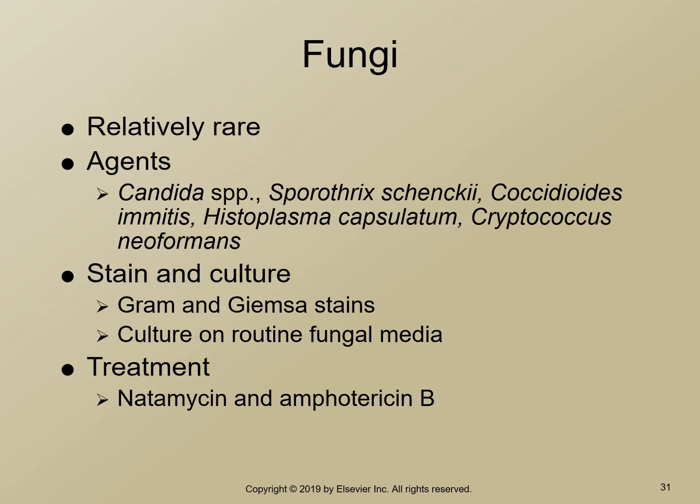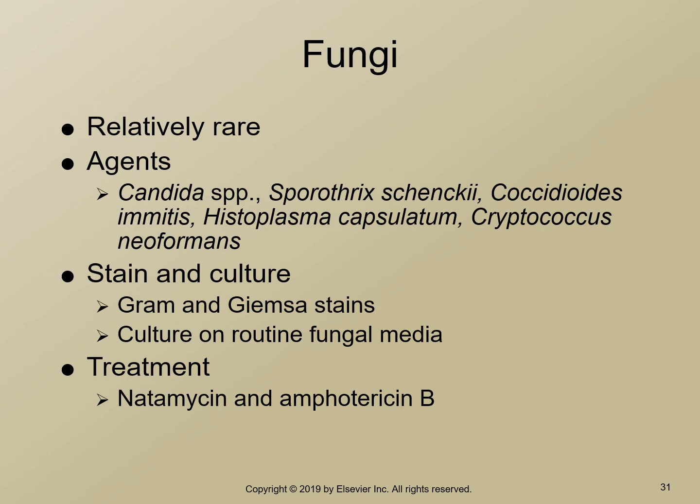Although various fungi can be isolated from the uninflamed eye as normal biota, fungal conjunctivitis is relatively rare. The organisms that have been recovered from fungal conjunctivitis include Candida species, Sporothrix schenckii, Coccidioides immitis, Histoplasma capsulatum, and Cryptococcus neoformans.